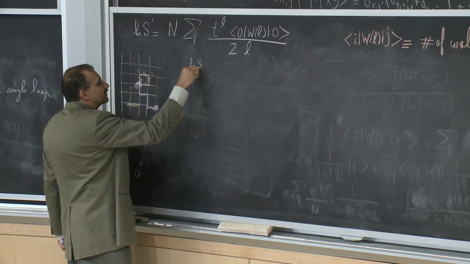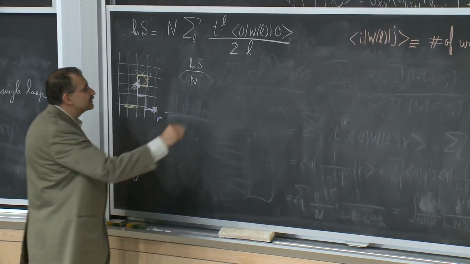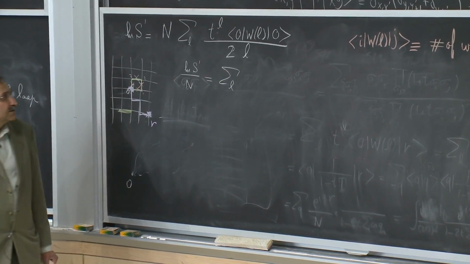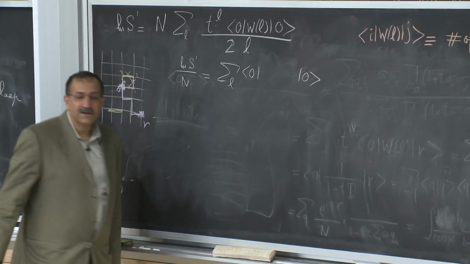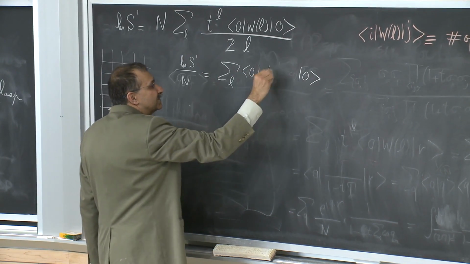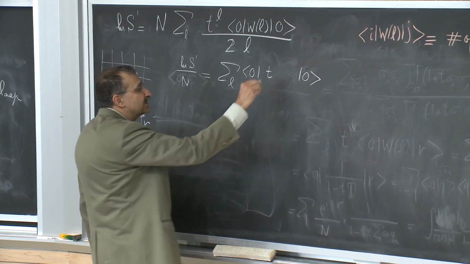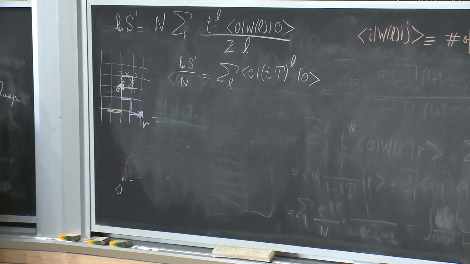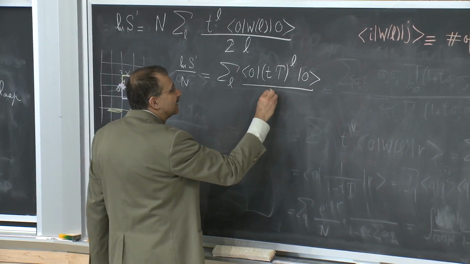We have that log of S prime, the intensive part, is a sum over the lengths of these loops that start and end at the origin. And the contribution of a loop of length L is small t to the L. And since W of L is the connectivity matrix to the L power, it's really like looking at the matrix element of this entity. And of course, there is this degeneracy factor of 2L.